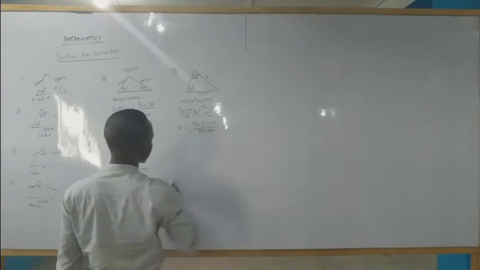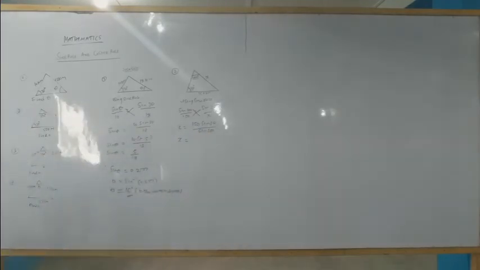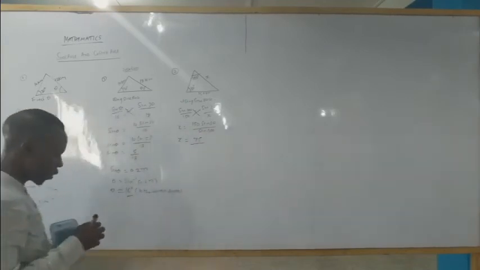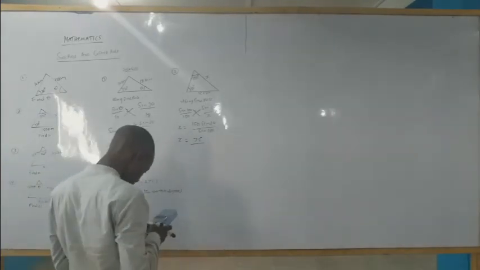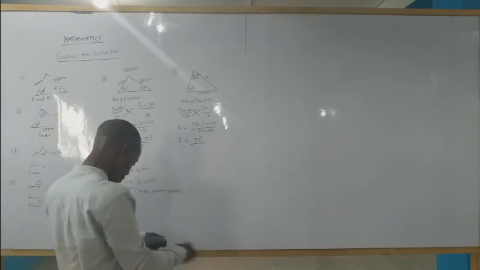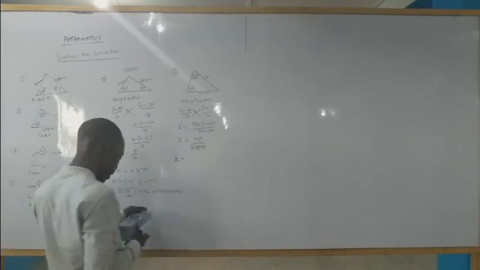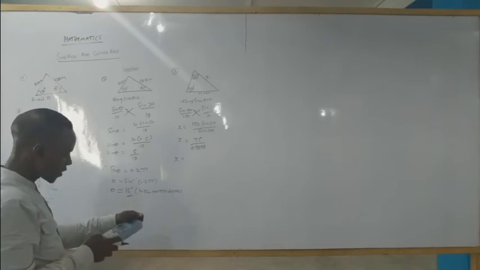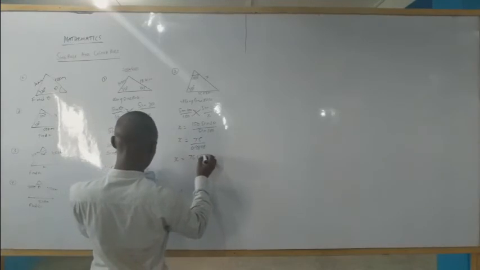sine 100. Therefore, our S is equal to, sine 30 is 0.5, 0.5 times 150 equals 75, over sine 100, which is 0.9848. Therefore, S equals 75 divided by 0.9848, which is 76.1576.